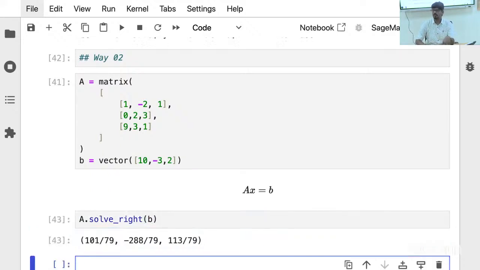That gives the same answer, if you notice already. So A dot solve right.